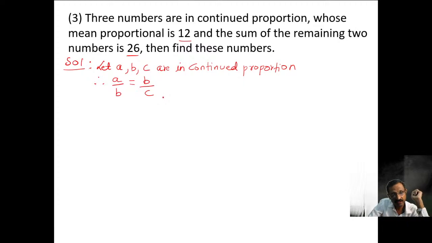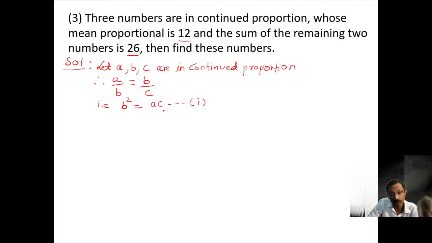That means what I will get is, cross multiplying, B square is equal to A into C, that is AC. So I got B square is equal to AC. Let this be equation number 1 for me, because I will be using this equation.